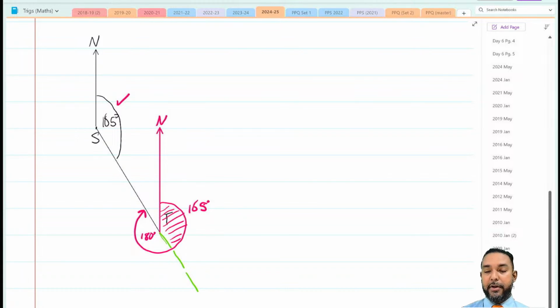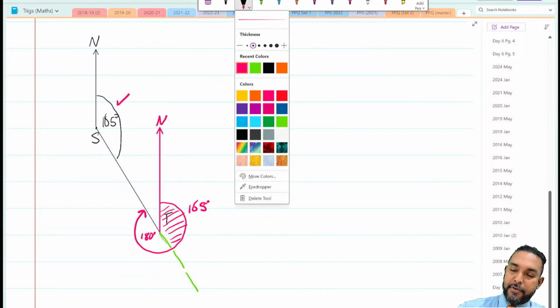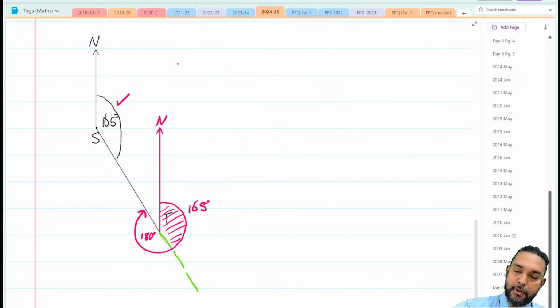So the total bearing there is 345. Bearing of S from T is 345 degrees.